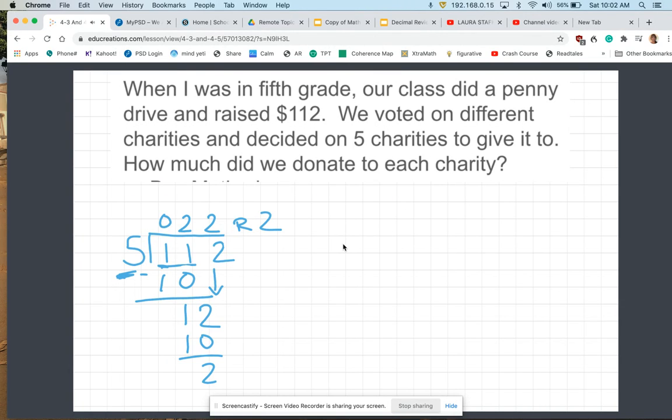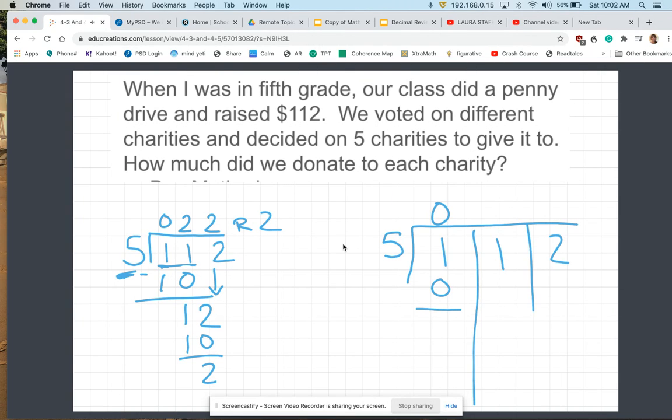Now I'll show you the box method, where it's the same thing. It's just bringing numbers up instead of down. How many times can 5 go into 1? 0 times. Oops, I always forget to draw these lines, which really, really help. Okay, subtract, bring up.